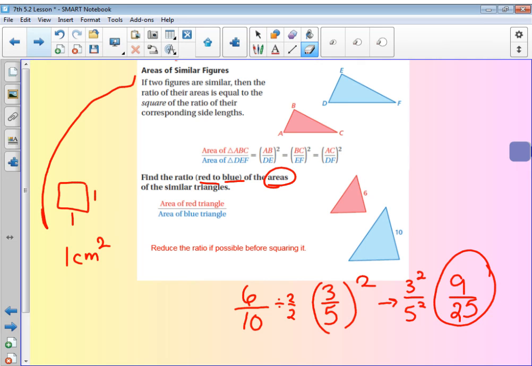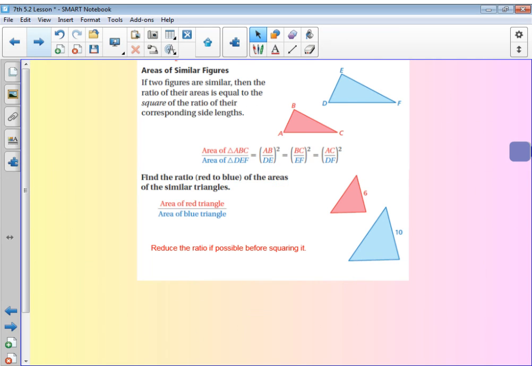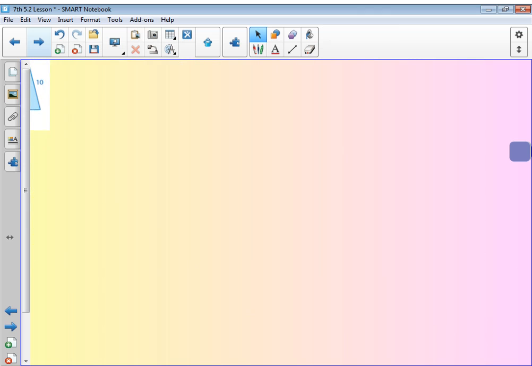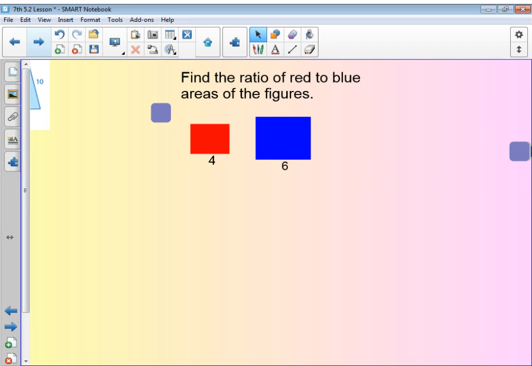Okay, so let's try another one. Find the ratio of red to blue areas of the figure. So red was 4, to blue was 6. So now we need to reduce that down. When we reduce it down, it becomes 2/3.